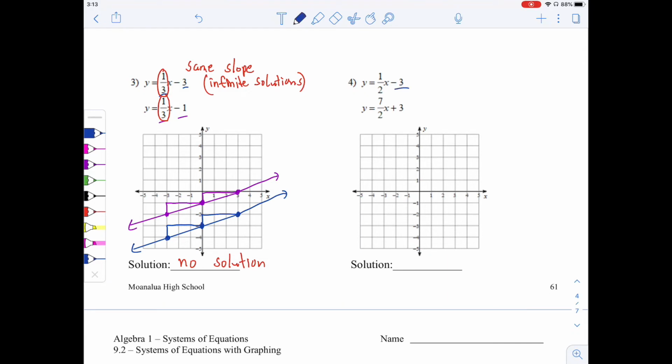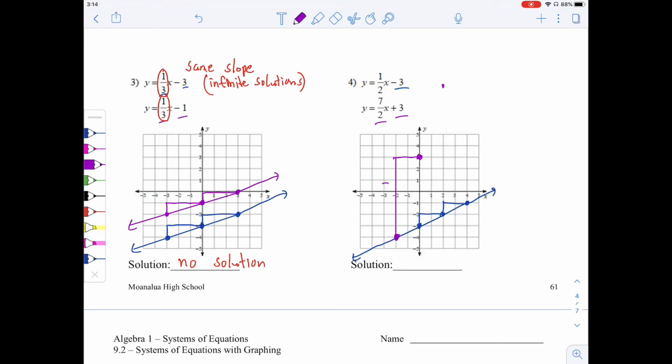Okay, next one. Start at -3, up 1, right 2, up 1, right 2. And then just make a line. Continue on with the pattern the other way. Second one, start at 3, slope 7/2. You go up 7, right 2. It's going to run out of space. We need something like up here. So you're going to go left 2, and then down 7, right there.